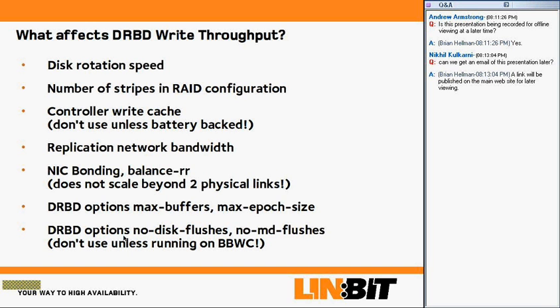And what we have here in blue is a storage subsystem throughput, then in comparison in red, network replication throughput, and then in yellow, the DRBD throughput that we would expect in general from such a setup.